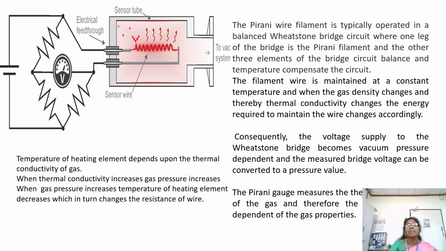The filament wire is maintained at a constant temperature. When the gas density changes, the thermal conductivity changes, and the energy required to maintain the wire temperature changes accordingly. Consequently, the voltage supplied to the Wheatstone bridge becomes vacuum pressure dependent, and the measured bridge voltage can be converted into a pressure value.